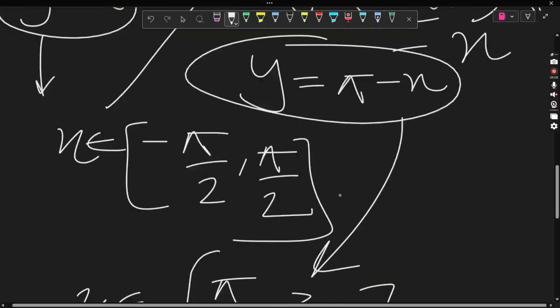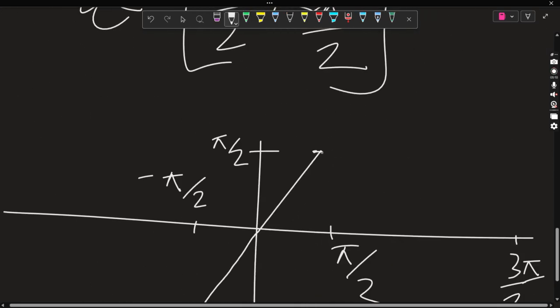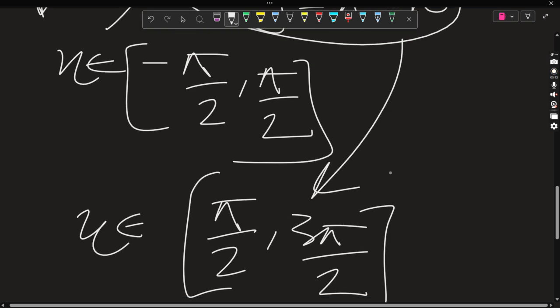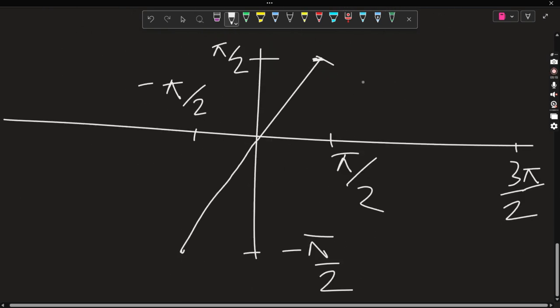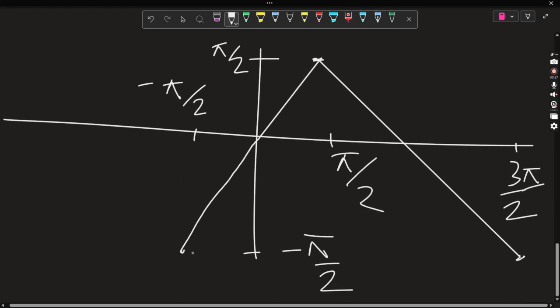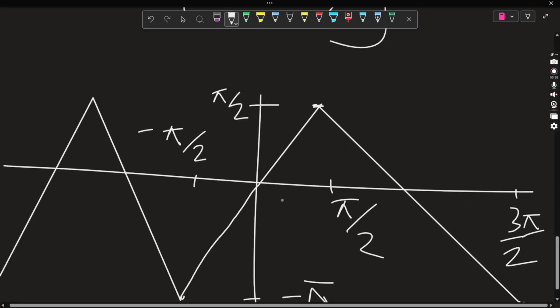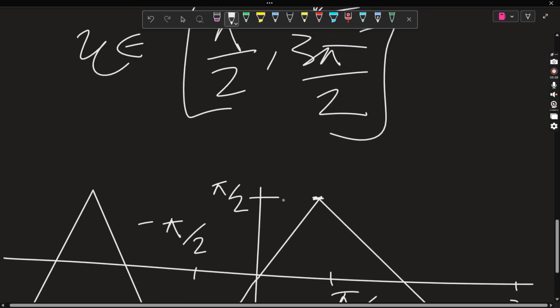So in place of x you will put pi by 2. So pi minus pi by 2 is pi by 2, and pi minus 3 pi by 2 is minus pi by 2. Okay, and now you just need to repeat it, right? And so on. So I hope this is the graph for sine inverse of sine x.